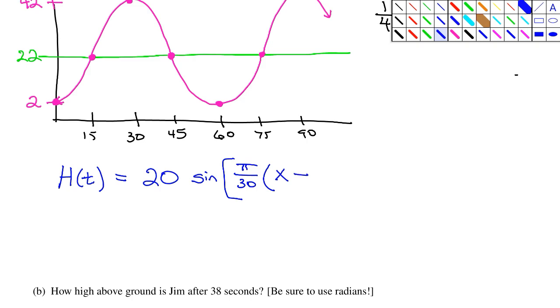Well, to find the phase shift, let's look back at the graph, and where was the median where the curve was on the rise? And that occurs right here at 15 seconds. So this is t minus 15, plus the vertical shift of 22.